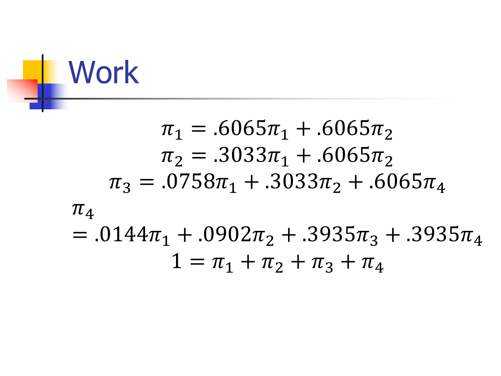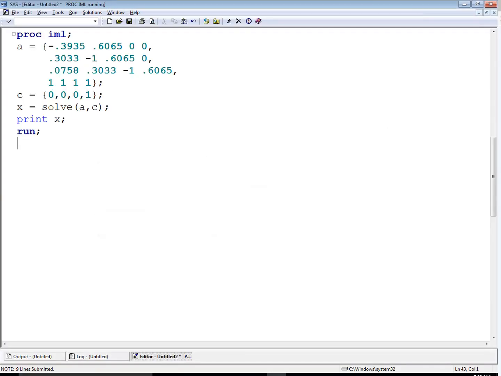So I could use the pi 1, pi 2, pi 3 equations along with that final equation that says all probabilities add up to 1. And so now we have to solve for the pi's. We could actually do that in PROC IML.